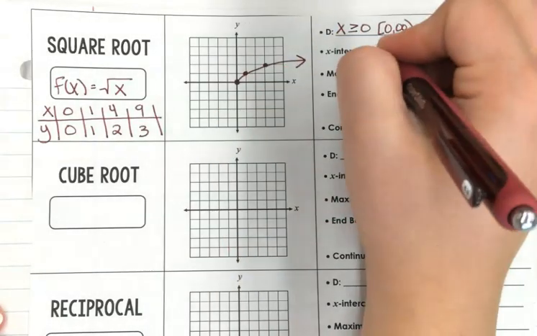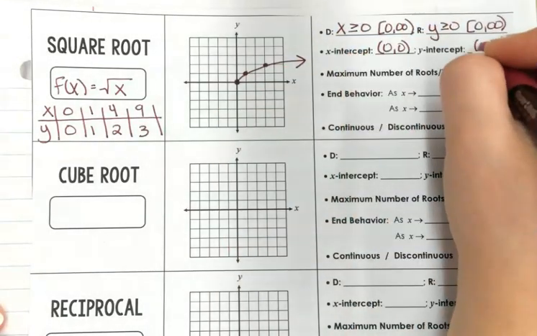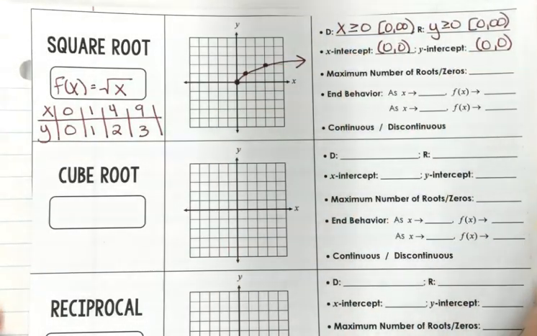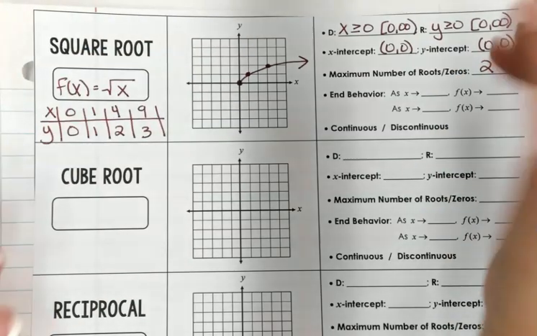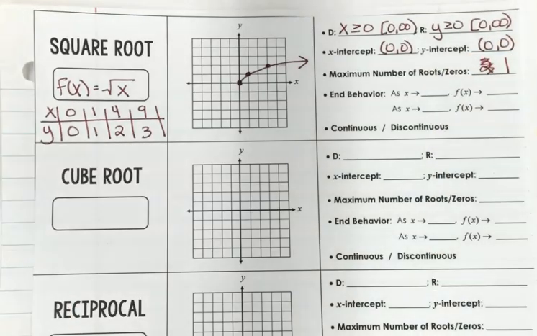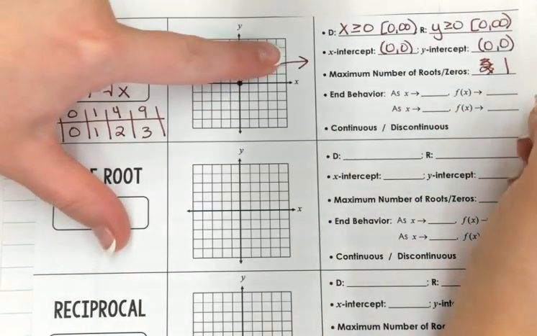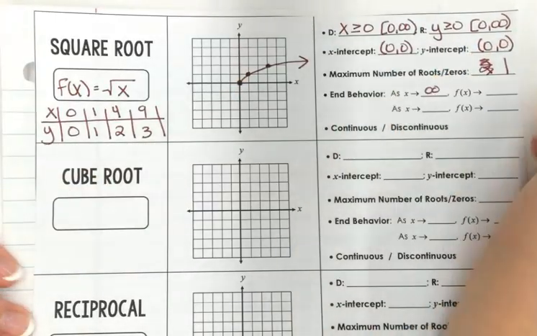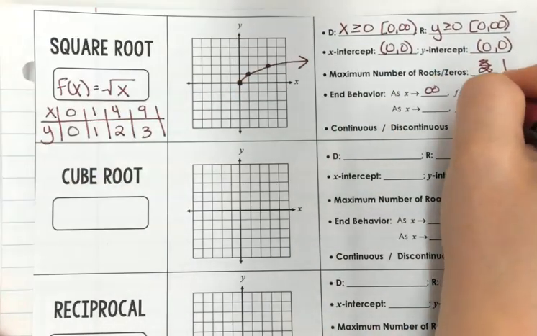We do cross through the origin, so we have that x and y intercept both at 0, 0. This one also is going to have a maximum number of roots of 2, depending on where you shift it around. It could cross the x-axis twice. Oh, forgive me, I'm sorry, just once. End behavior, as x goes off to positive infinity, y is also going off to positive infinity.